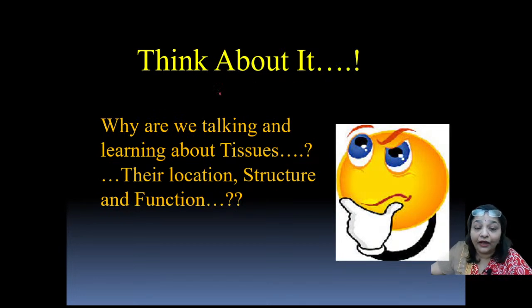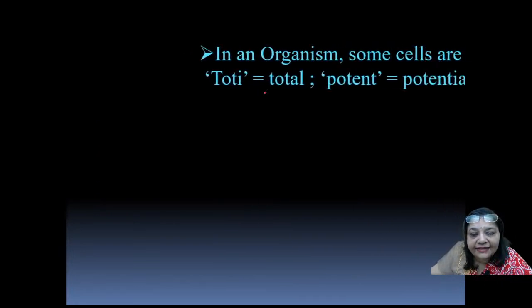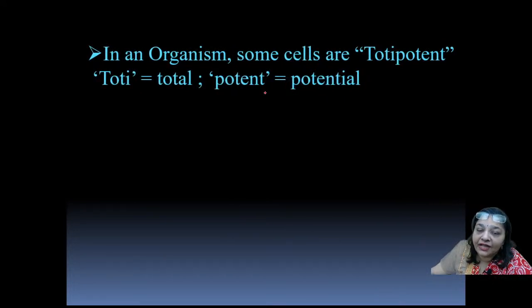Right. So their location, their structure, their function, we need to learn about these tissues, because next we are going to learn something which is the very basic requirement of this field, a new field called biotechnology. Okay, right. And that is how we are going to start.